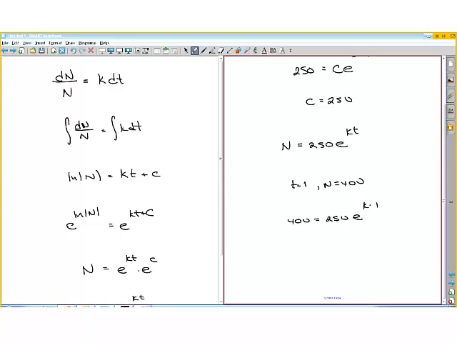You have to solve for this part before you solve for k. So you get e to the k is equal to 400 divided by 250. I divided both sides by 250. If I divide 400 by 250, I get this, and if I divide 250 by 250, I get 1, and then I switch the sides.